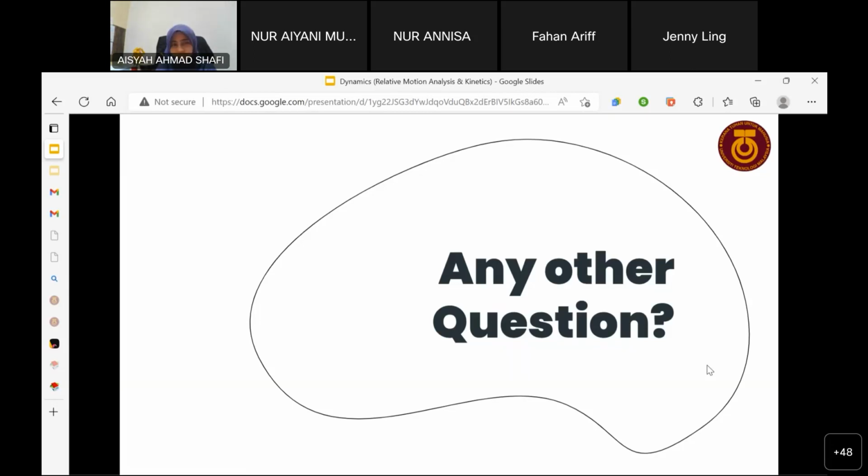So yes, we have a question from the normal tangent also. Sorry for the inconvenience, because that part is from the other lecturer. We already compiled the questions. So yes, the questions are rectilinear, curvilinear rectangular, and also the normal tangent.